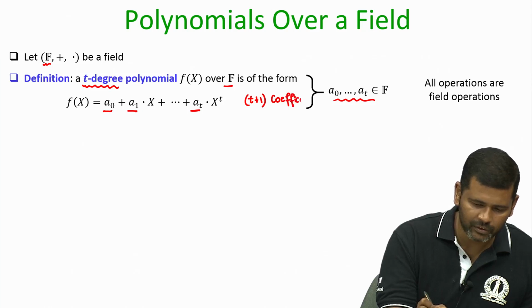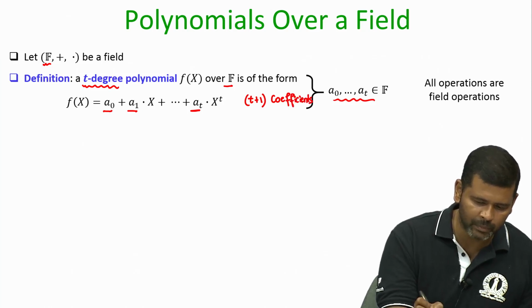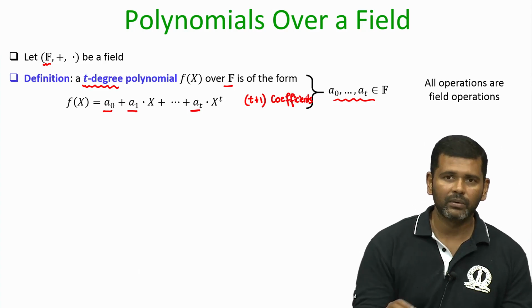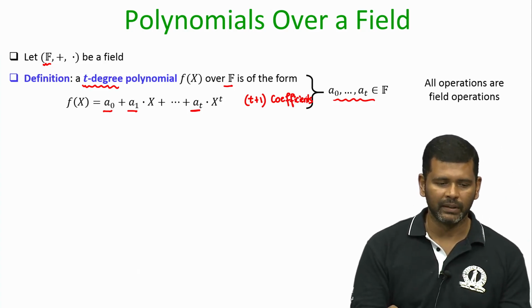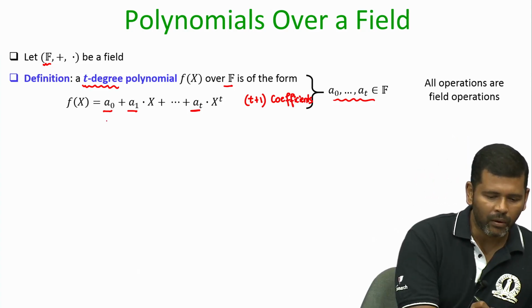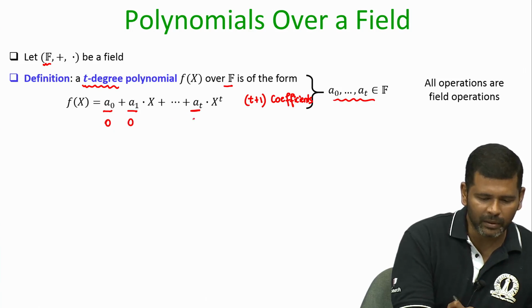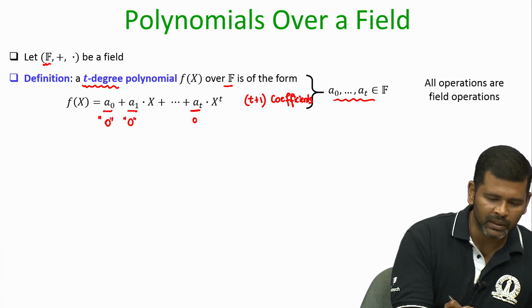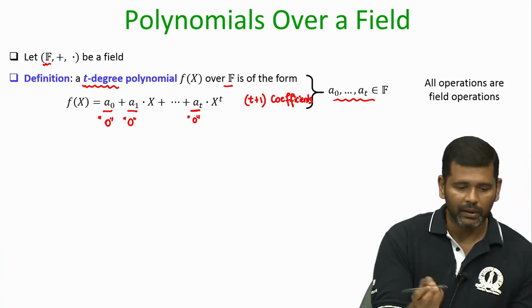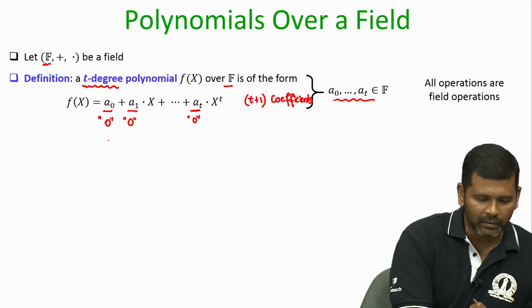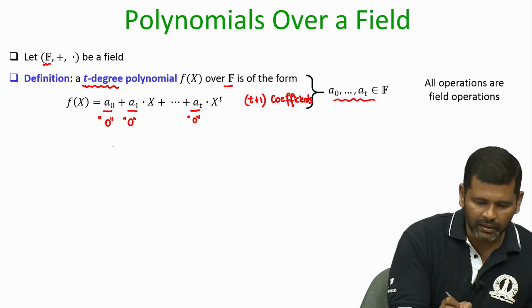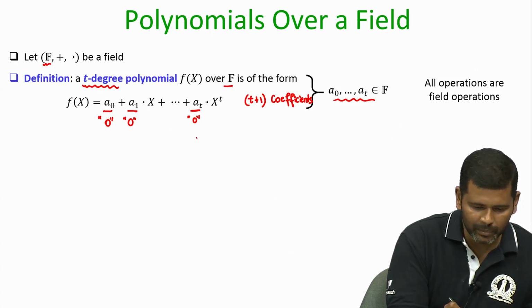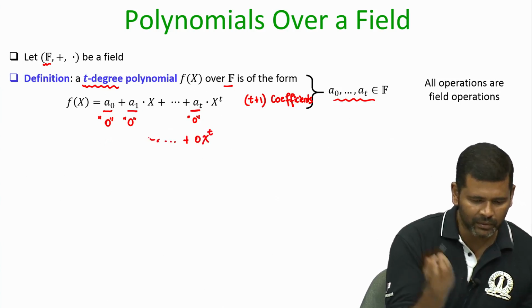That is why this will be called a t degree polynomial, and all these coefficients are elements of the field. It could be the case that all your coefficients are the 0 element, that is quite possible, but still we will call such a polynomial a t degree polynomial. Or it could be the case that the coefficient a sub t is 0, but the remaining coefficients are non-zero elements.